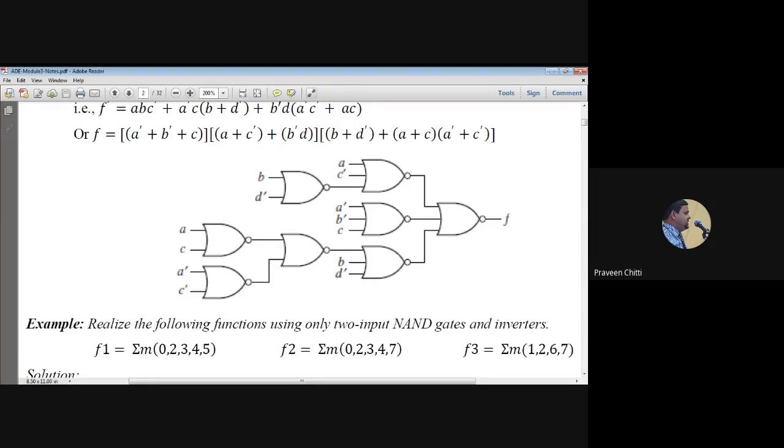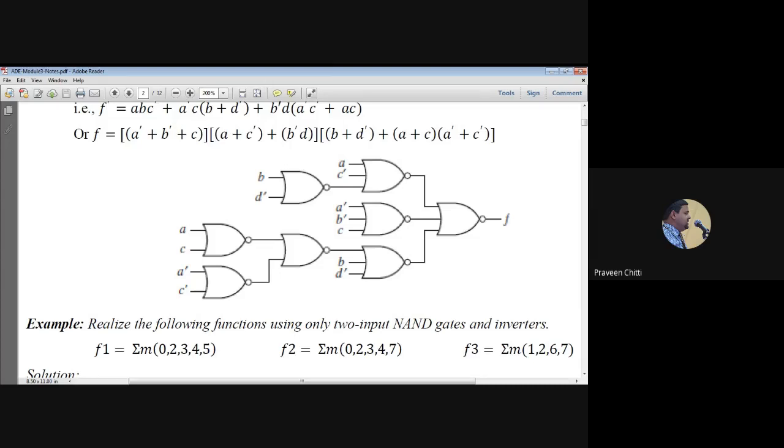In that, you write the first point: find the minimum SOP expression for the given function. Is that clear? Then second point: draw the corresponding 2-level AND/OR circuit.